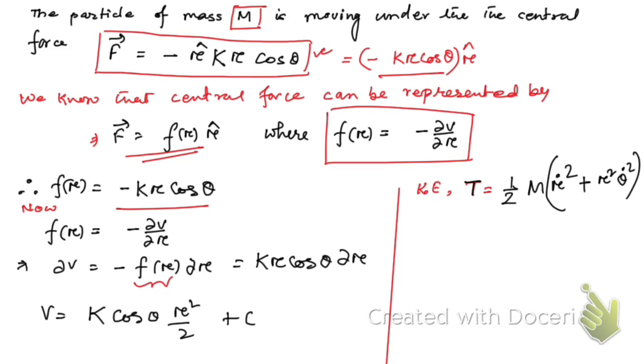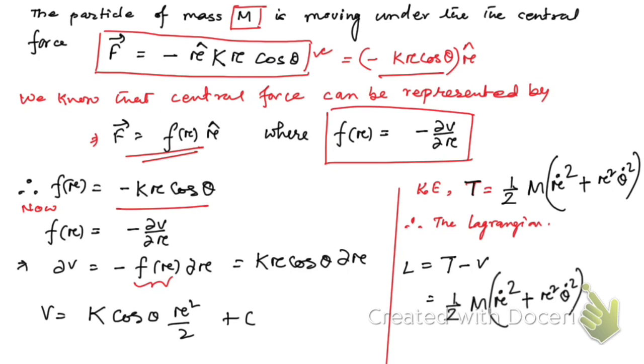So here we have got kinetic energy, and here we have got potential energy as well. Therefore the Lagrangian L is equal to T minus V. Let's put the kinetic energy here.